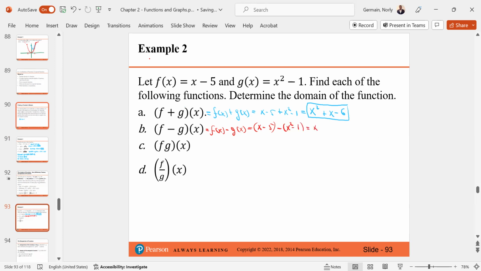So I have x minus 5. Now the negative distributes, making it negative x squared plus 1. You see, it's a plus 1. So we have negative x squared, no other terms to combine with it. We have plus x minus 4.